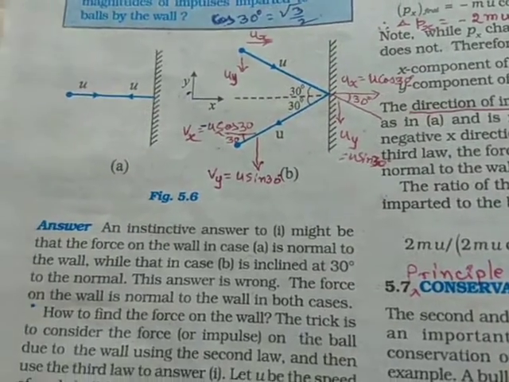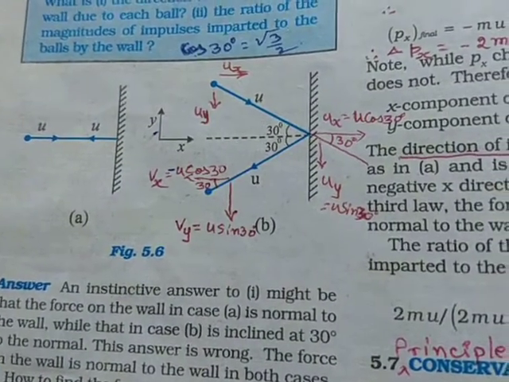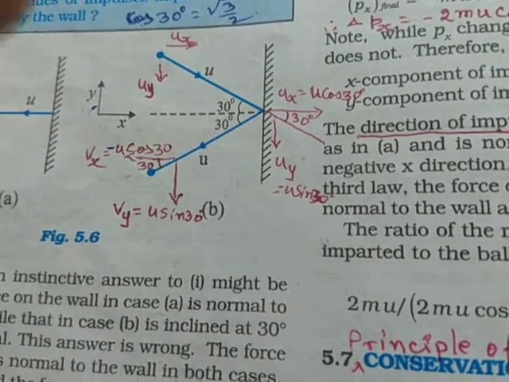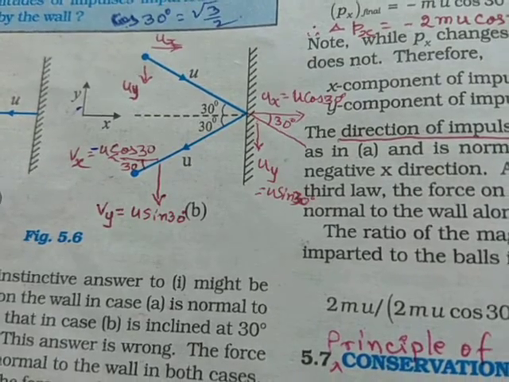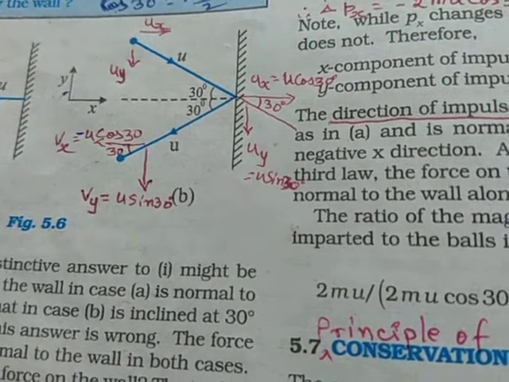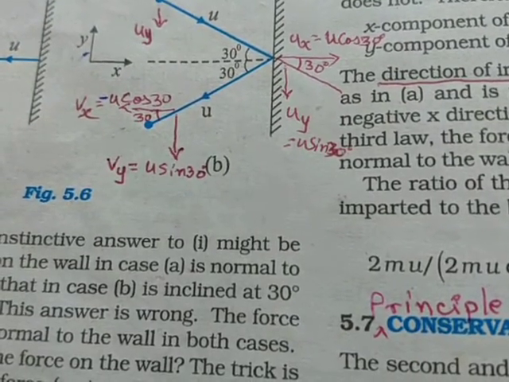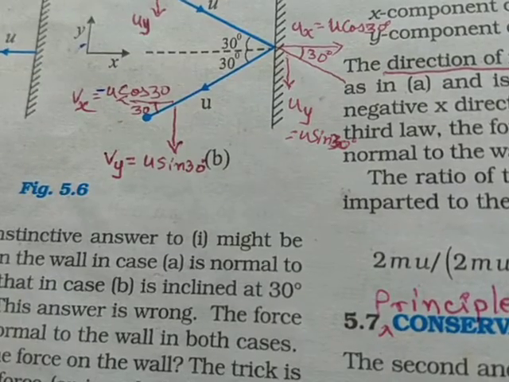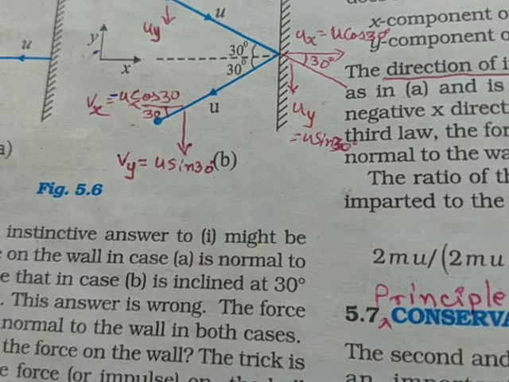Now you see along the y-axis, the initial velocity was u sin 30 degree along the negative direction of the y-axis, and the final y component of the velocity is again u sin 30 degree, both along the negative direction.